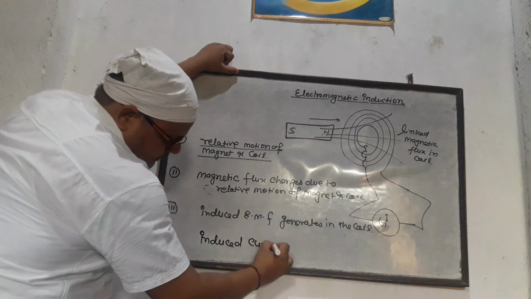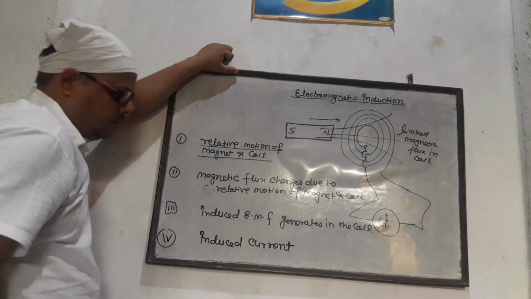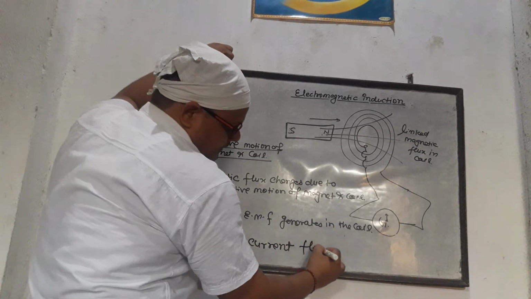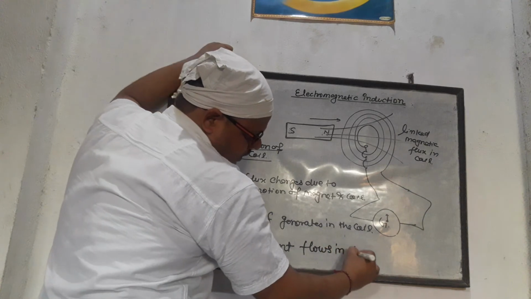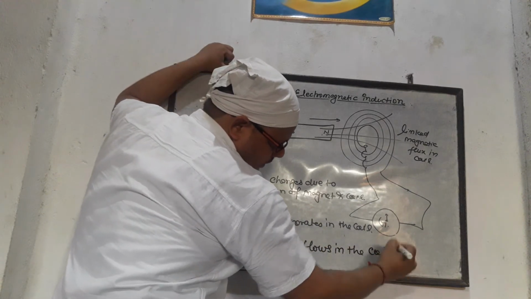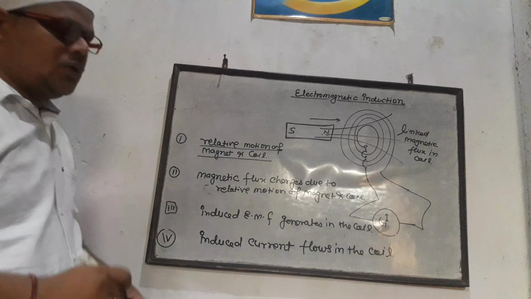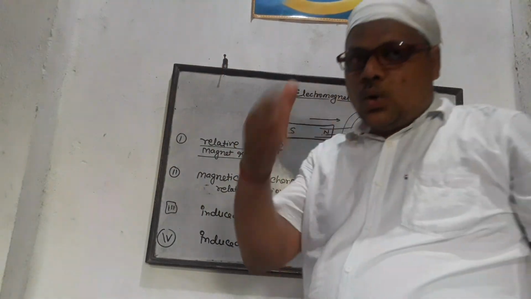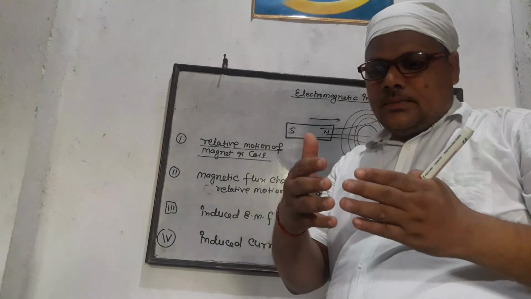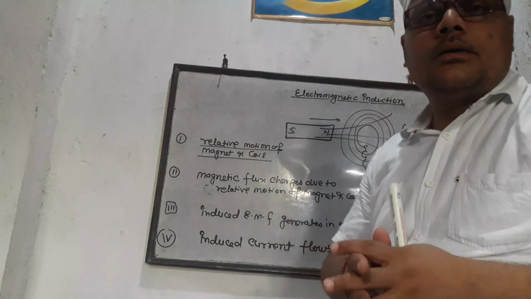Induced current flows in the coil. Okay. So four steps define the total description about electromagnetic induction.